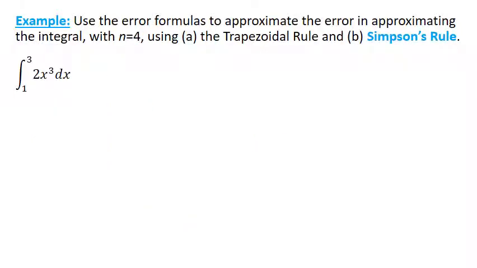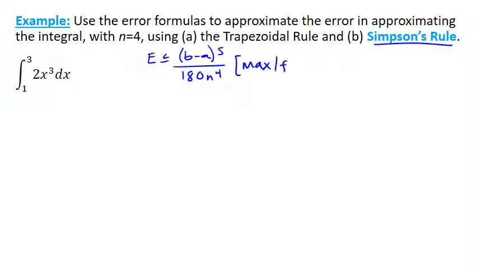So this is the exact same problem, but now we are going to find the error with Simpson's rule. So this formula from one of the previous slides is the following. Here we want to find the maximum value of the fourth derivative. Okay, so we need to find the fourth derivative.